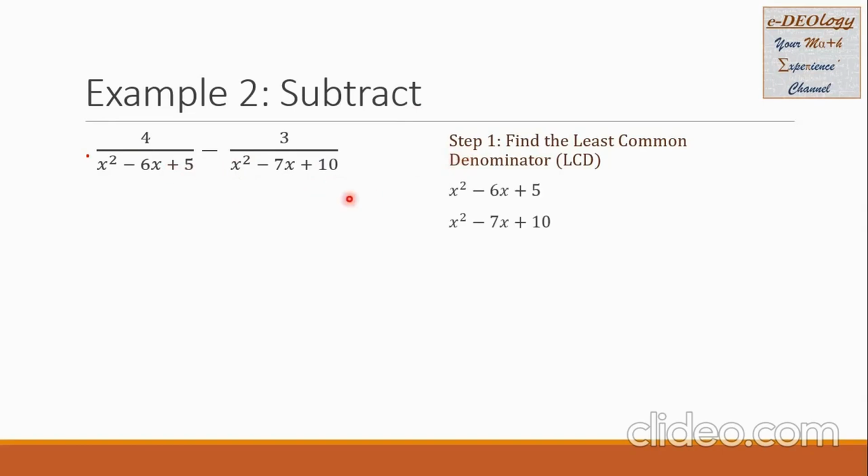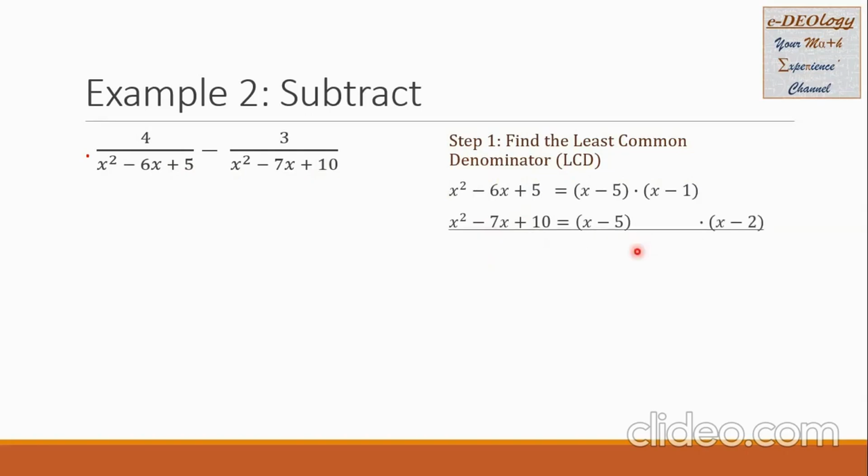We copy the denominators here and we will put now the factors. The x squared minus 6x plus 5 is factored into x minus 5 times x minus 1. The x squared minus 7x plus 10 is equal to x minus 5 times x minus 2.